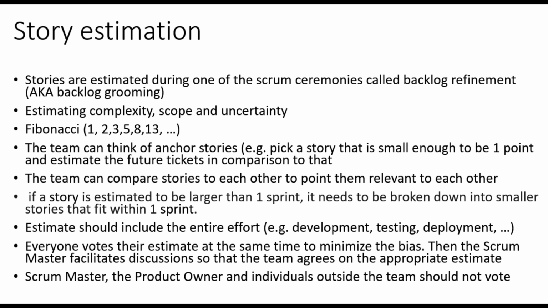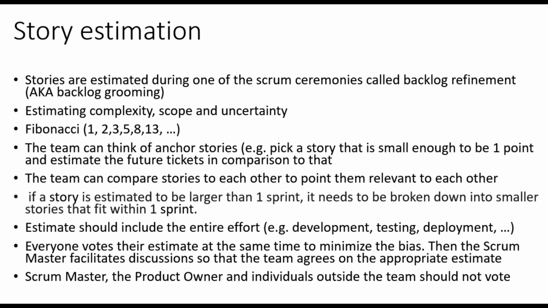A story that is of the same complexity and uncertainty, but is a little more complex can be 3. A story that is of greater complexity, uncertainty, and scope can be 3 or 5, depending on what the team thinks. And a significantly large, complex, and uncertain story can be 13.